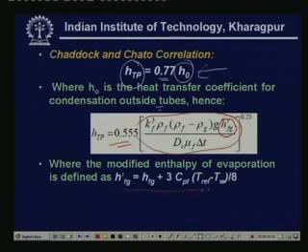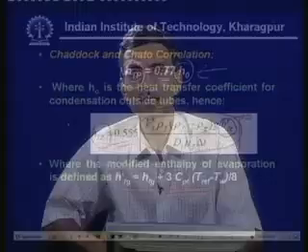That is defined by this: the modified enthalpy of evaporation h prime subscript fg is equal to h_fg, which is nothing but the latent heat of vaporization, plus 3 Cp_f, where Cp_f is the saturated specific heat of the liquid, multiplied by (T_refrigerant minus T_wall) divided by 8. So you first find this out, then substitute it in this, and then find out the condensation heat transfer coefficient inside the tubes. This is one of the simplest correlations available for the heat transfer coefficient inside the tubes.